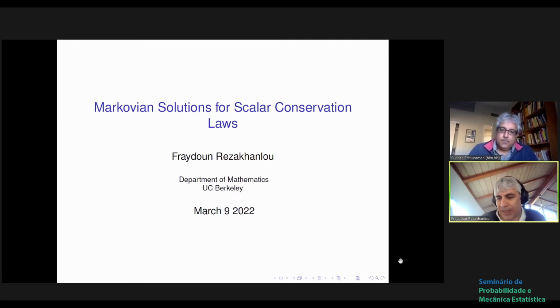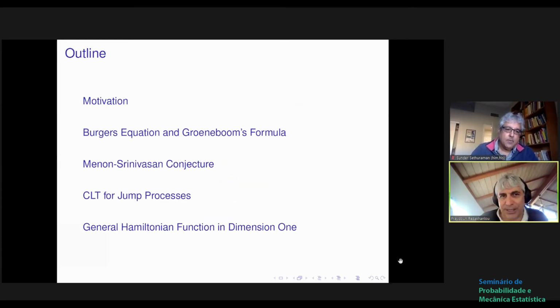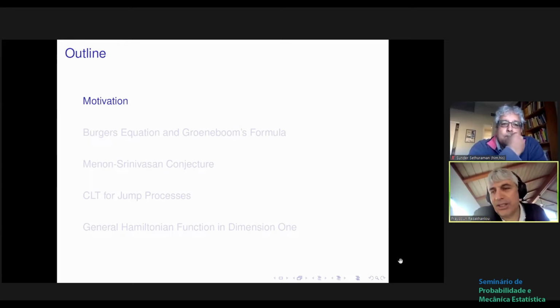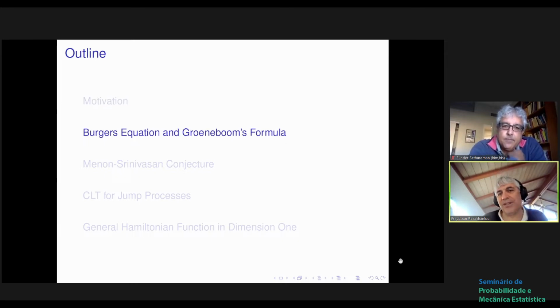processes. So first, I want to give you a motivation why I'm studying this problem, and this is very much related to some of the models we are interested in statistical mechanics. And after that, I'm going to talk about the rather classical work of Groeneboom about Burgers' equation, or good old Burgers' equation.